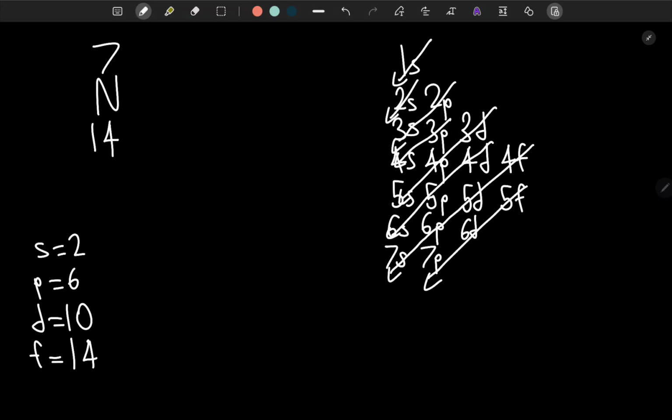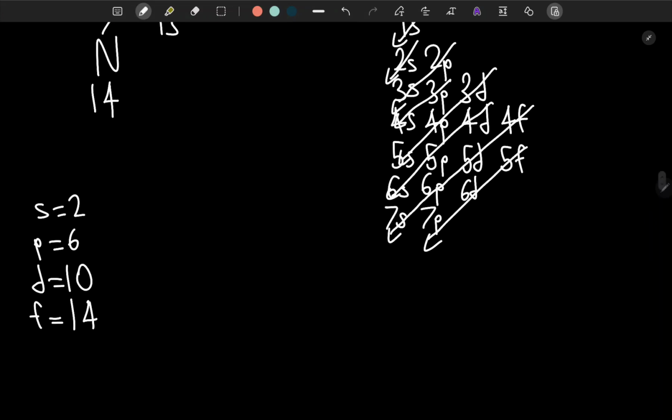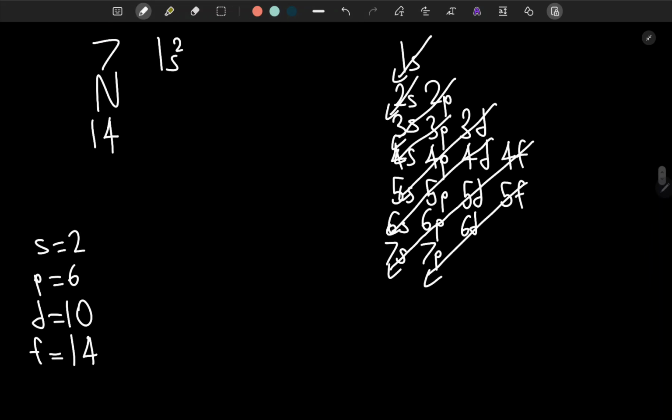So now let's start writing the electronic configuration. The first is 1s, and an S can contain 2 electrons, so 1s2. The next is 2s from our table, so 2s2. Now we have used up 4 electrons, and we have 7 in total.